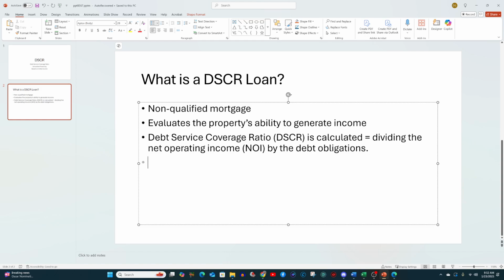Typically, lenders, when looking at a DSCR loan, are looking for a DSCR calculation of 1.2 or higher.